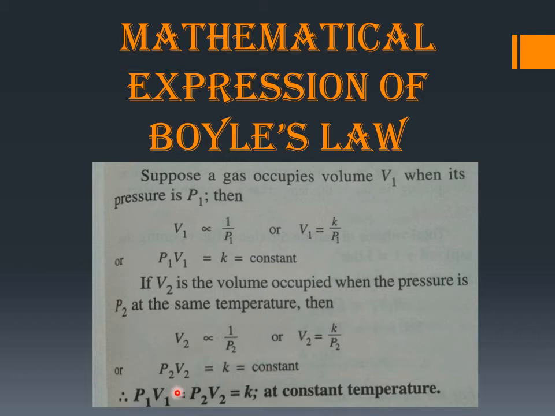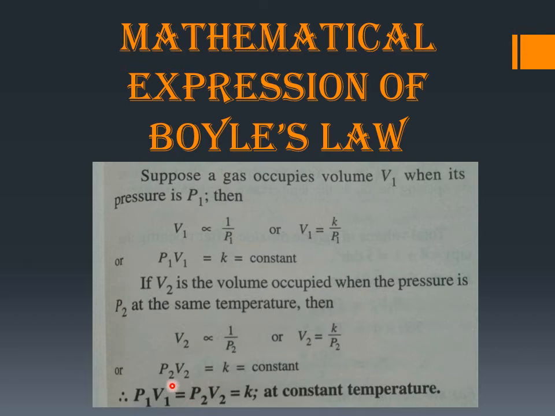Or we can write it as P1 V1 is equal to P2 V2 is equal to K at constant temperature. This is known as the mathematical expression of Boyle's law.